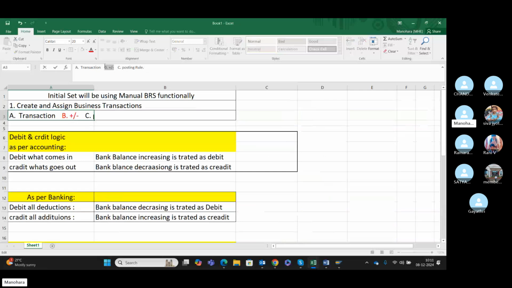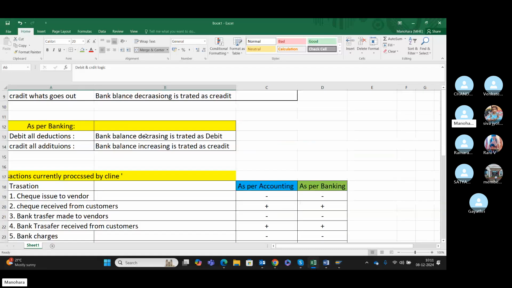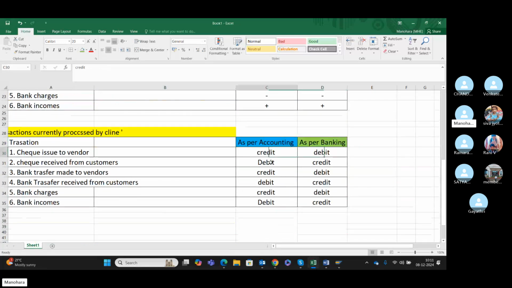We represent minus and plus symbols at the time of bank reconciliation so the system will not get confused. If you write debit and credit, the system gets confused, you get confused, and I get confused.